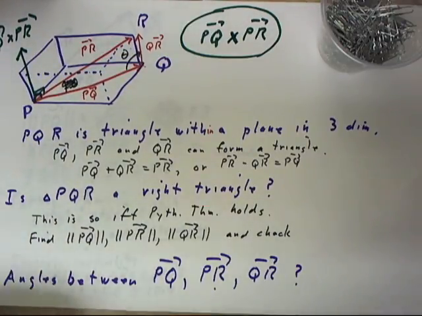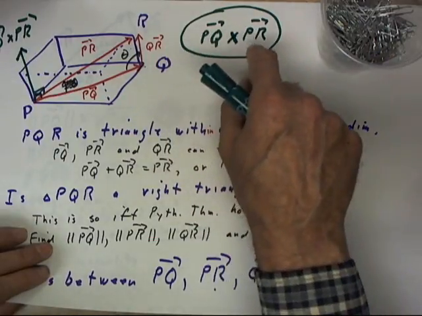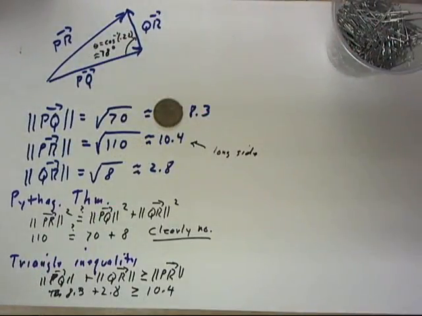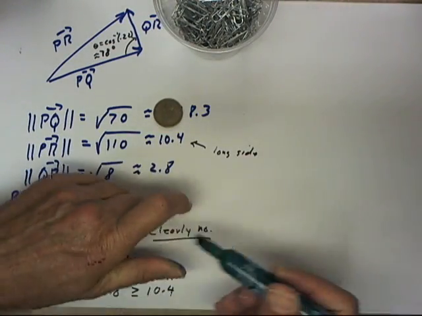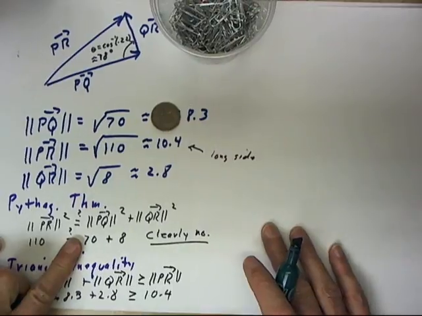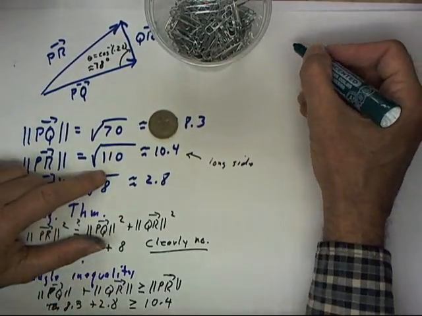Now, to calculate the cross product, PQ cross PR, we use a determinant. Okay, so getting ourselves centered here.